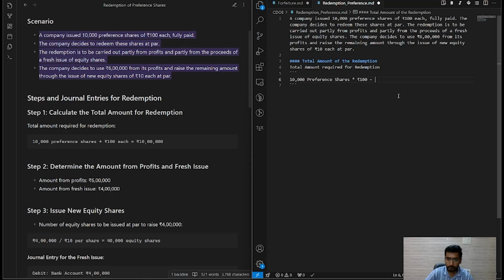That means the total value is rupees 10 lakhs. Then step 2 will be what? We will determine the amount from the profits and fresh issue.